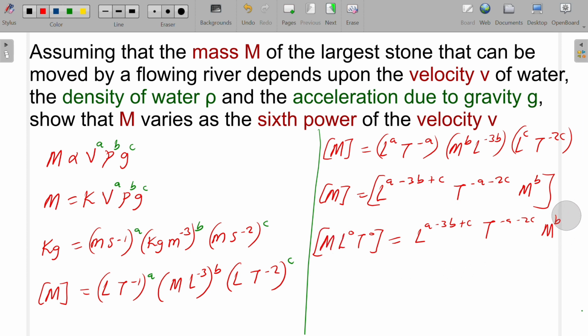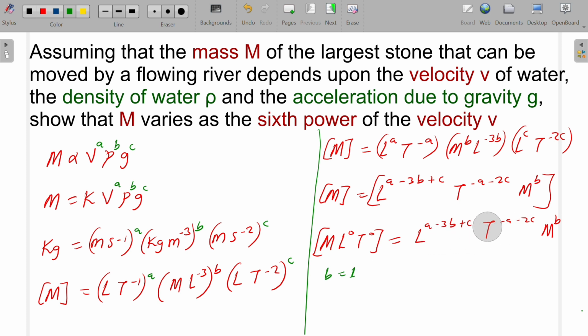So we are saying the power of b is equal to 1. Since the power of m that we have here is 1, it means the power of m here is equal to the power of m on the other side. So let's write that, meaning our b is equal to 1. So we are done with that one.